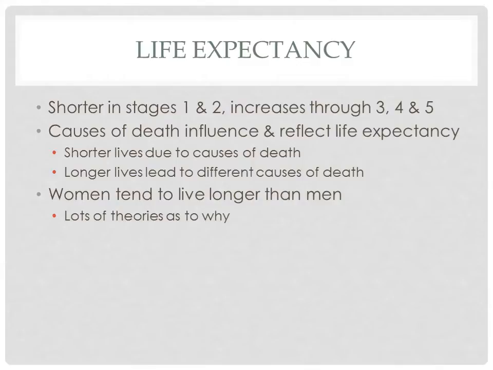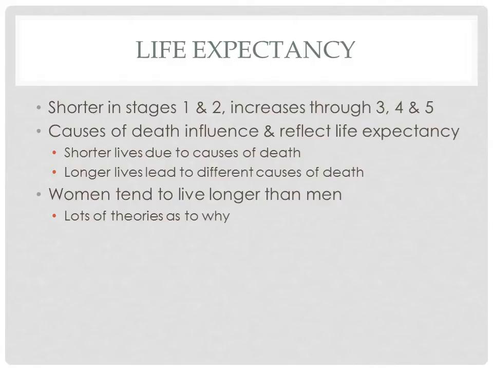And so we notice that the causes of death change with that, because with shorter life expectancies, there are particular causes of death that lead to shorter lives. Accidents and animal attacks and pandemics and things like that lead to shorter life expectancies. But with longer life expectancies, there are actually different causes of death that come about because you're living longer. The body starts to break down in a way that it wouldn't when most people are younger.